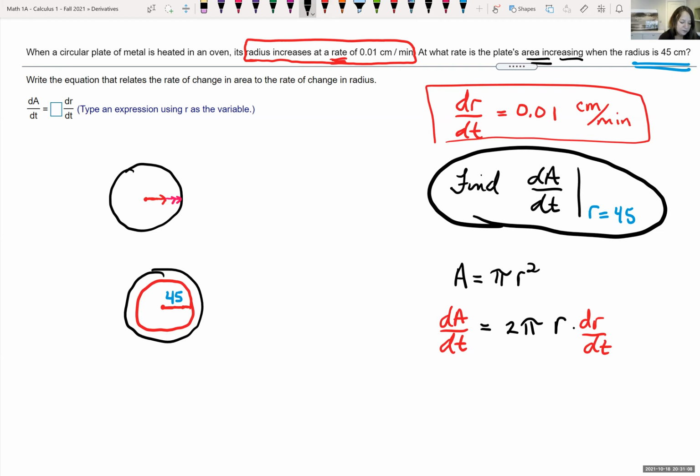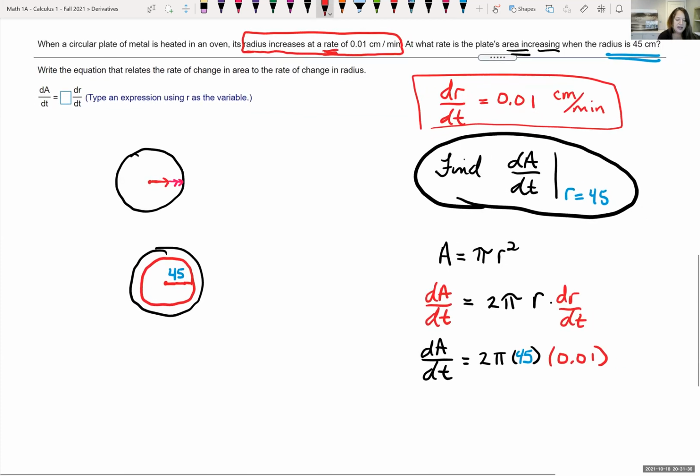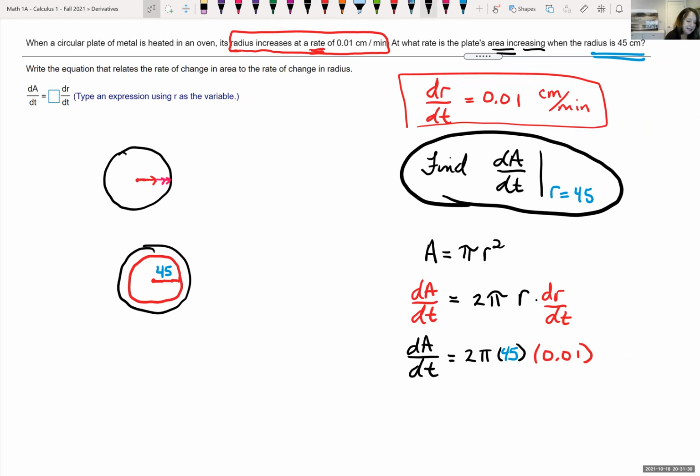So dA dt, the rate of change of our area with respect to time of the plate heating up, is equal to 2 pi times r. R in this case, we wanted this when the radius was 45 centimeters. And the rate of change we know is 0.01. I'm going to leave pi in here just to make it exact. And then we also want to put in our units. Well, we know 2 times 45 is 90, right?